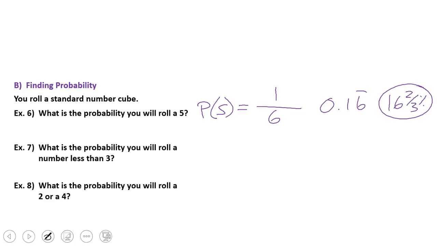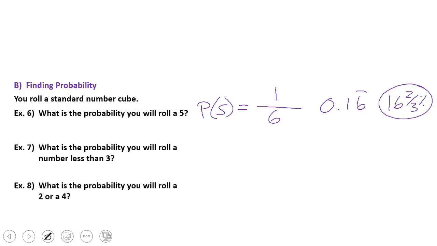If you were to go back to our likelihood table from the first lesson, it's right between unlikely and 0. So I would say very unlikely that you will roll a 5. You can certainly do so, but it's unlikely.